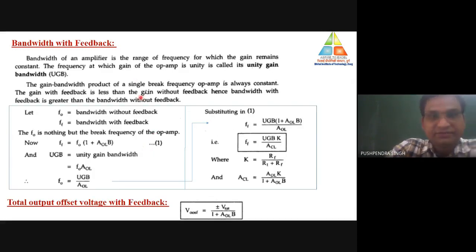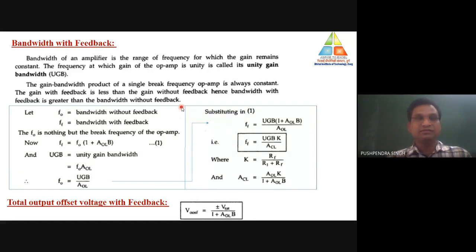Now bandwidth. What is the value of bandwidth? The range of frequency for which the value of gain is constant is called bandwidth. Simple definition of bandwidth.